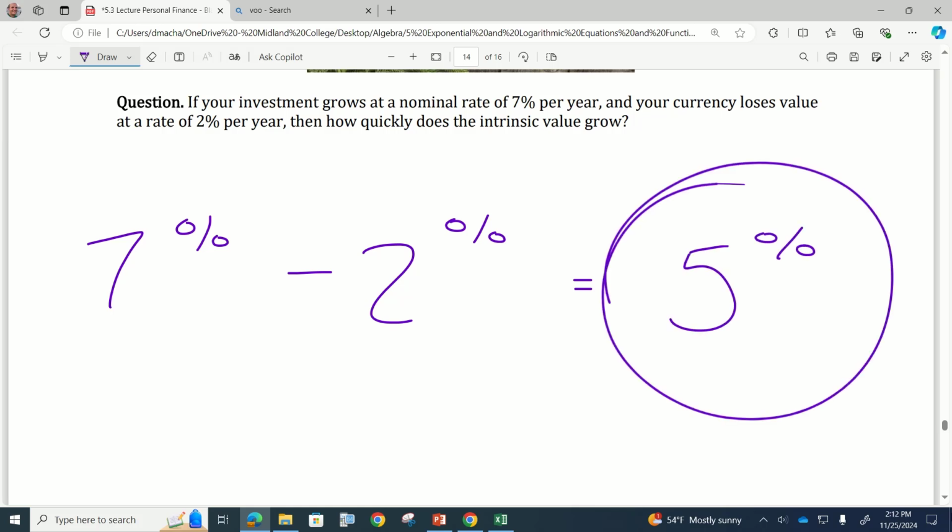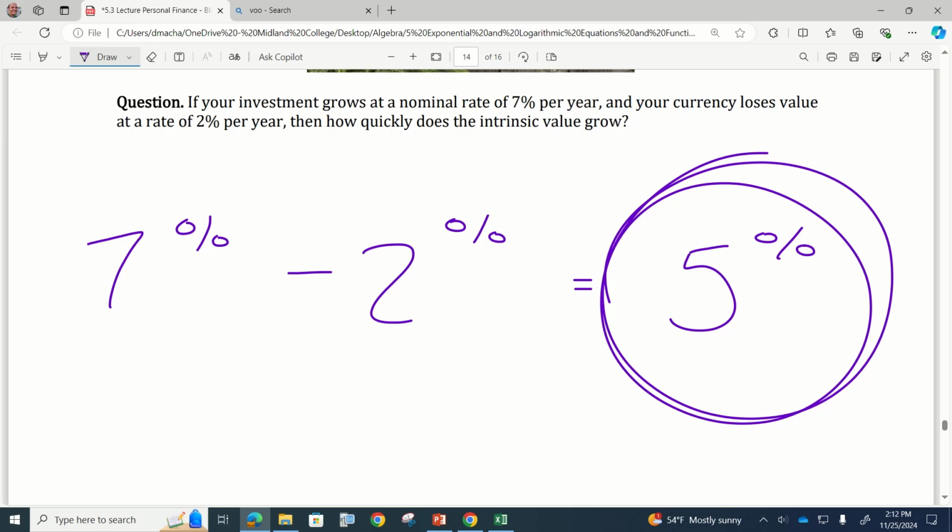And so if you're going to do some long-term personal finance planning, you should maybe take this into account and say, yeah, I'm expecting the dollar amount of my investment to grow at 7%, but what that means for me practically in today's dollars is that it's going to grow 5% in value over time.